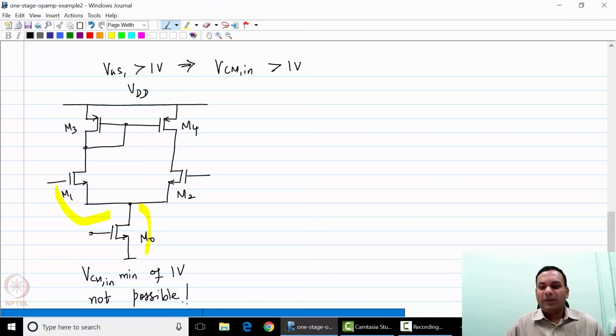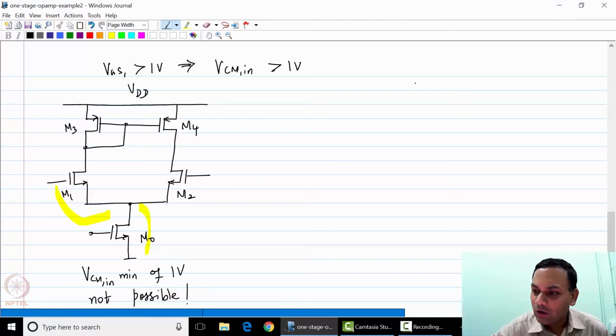However, please note that this is not the only one stage op amp possible. As we have seen, the NMOS device and the PMOS device have identical small signal pictures, which means you should be able to interchange the NMOS and PMOS transistors and be able to get a circuit with the exact same small signal characteristics. The only difference being that the bias points would be different.